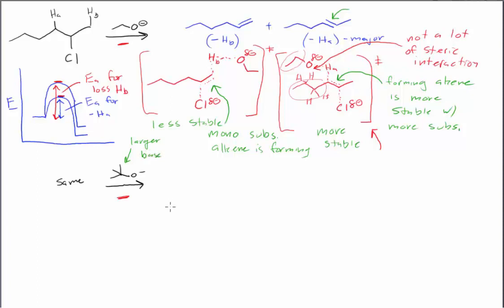We're going to draw the same two products, of course, so I'll keep these blue ones up there. We're going to draw essentially the same two transition states as well. So let me see if I can reproduce those quickly. I'll use red again. So here's the loss of HB. The only difference is now I'm putting in a larger base.